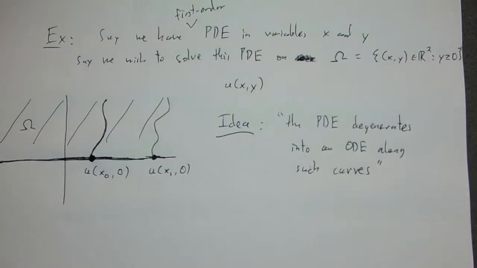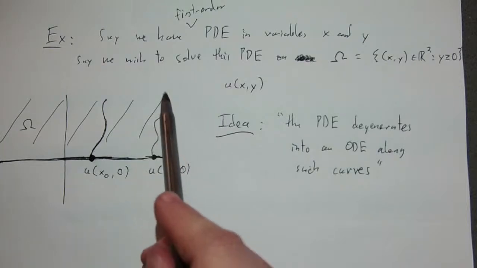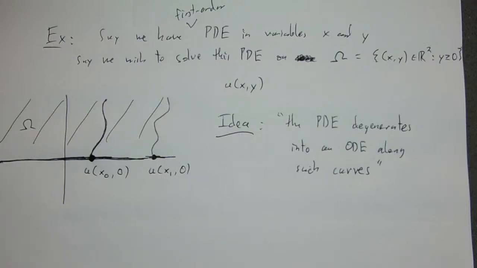What do I mean by that? What would it mean if I say that knowing the value of the solution at this point here on the boundary determines the value of the solution anywhere along that curve? You could think about this in the ODE sense. Imagine an ODE: knowing an initial value for that ODE determines the value of the solution.